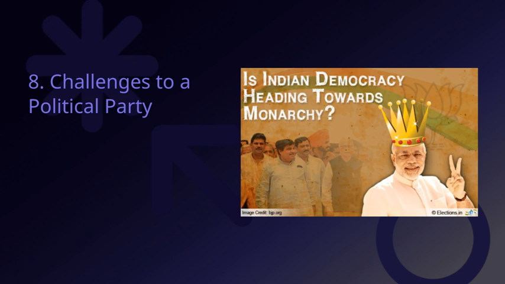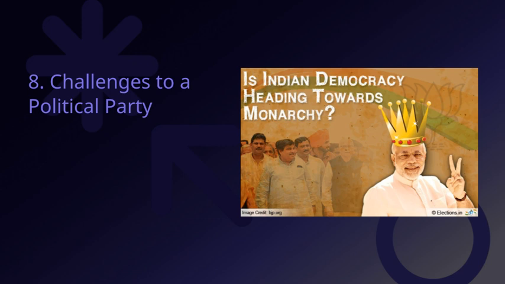While sticking to core principles is important, they also need to be flexible enough to form alliances and make compromises to achieve their goals. Finally, external factors like opposition tactics, media scrutiny, and public opinion can put pressure on parties. Navigating these external challenges requires strong leadership and clear communication.